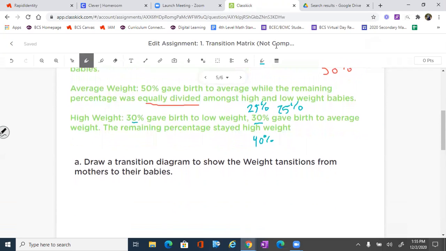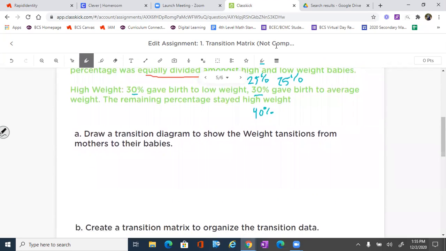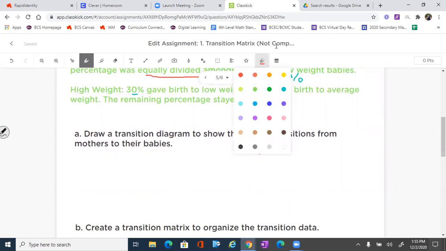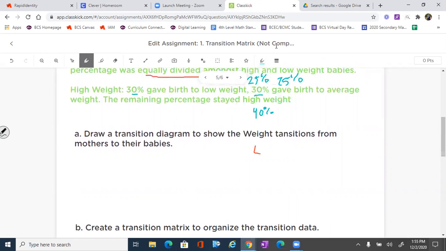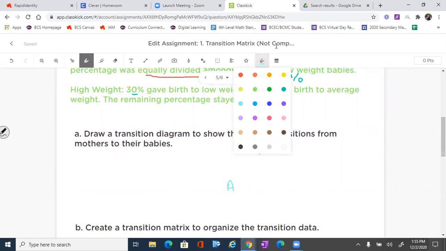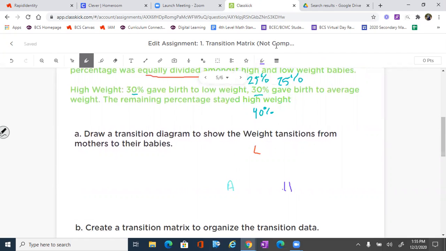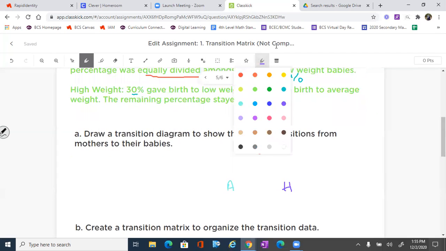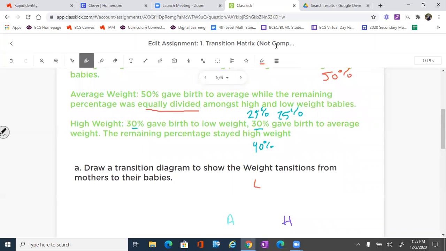All right, let's draw a transition diagram. And as we do this, we use some separate colors to help us out. So we start with low, we go to high, or average, I'm sorry, and after that we are going to have high weight. Okay, so let's start with the information from the low, and then we'll make our transition matrix.